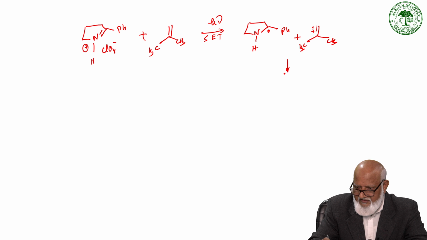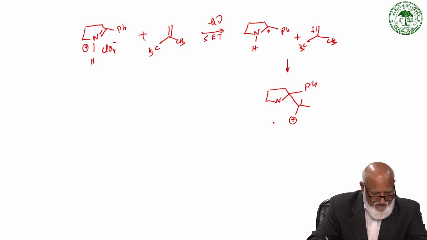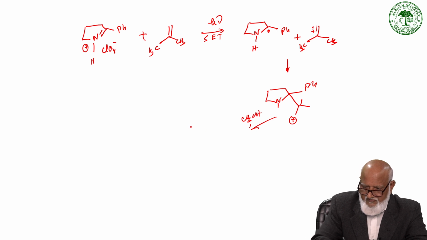So quenching with methanol gives rise to a product. Here the phenyl can add by radical coupling, and then this has a positive charge, which can quench with methanol, CH3OH, to give the phenyl OCH3 product.